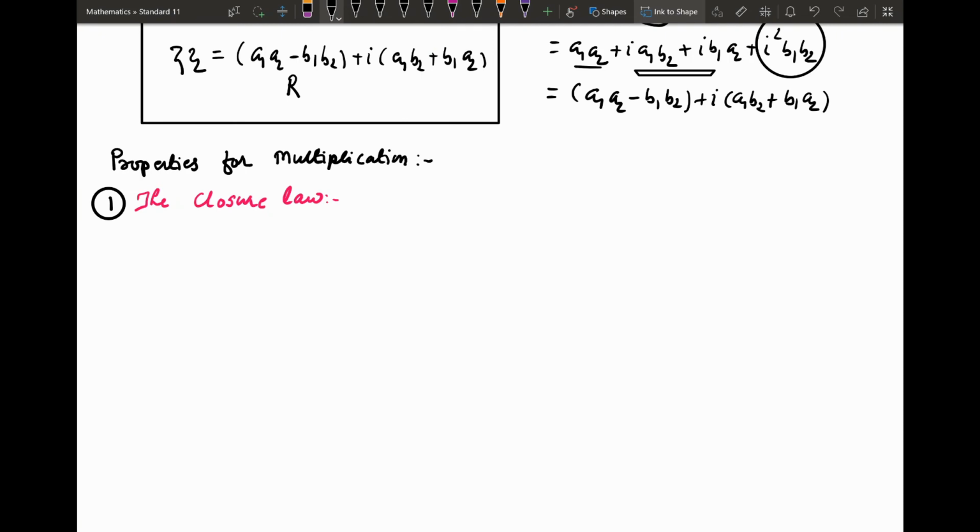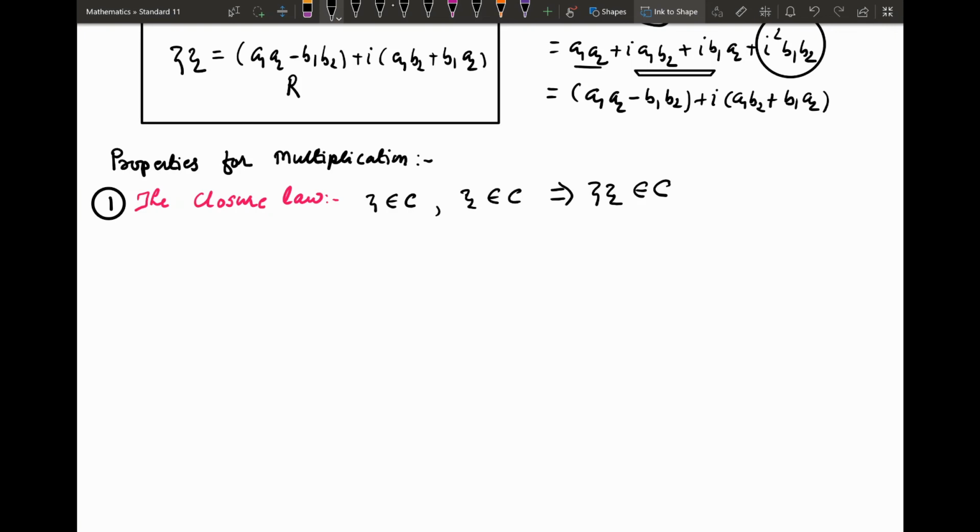So according to closure law, Z1 belongs to C, the set of complex numbers, Z2 belongs to C, then Z1 into Z2 also belongs to C. So this is the closure law.